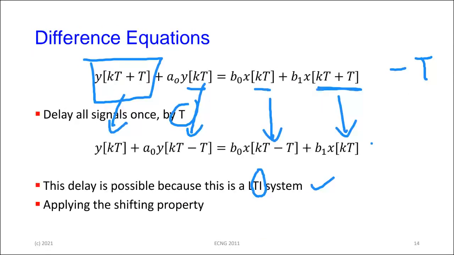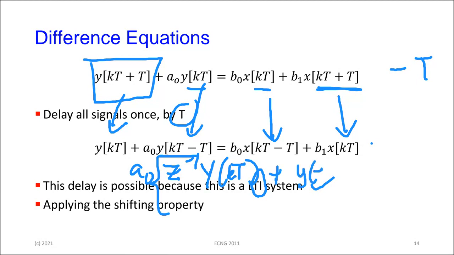So therefore, y(kT) minus T now is, of course, going to give me z^-1 Y(z). Let's take the a0 here, this bit here, plus y(-T) times z to the power naught.